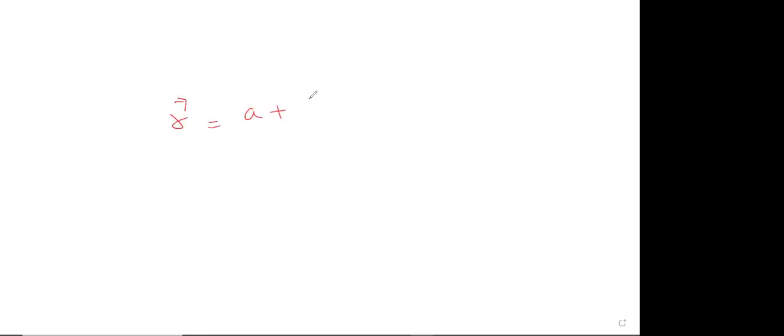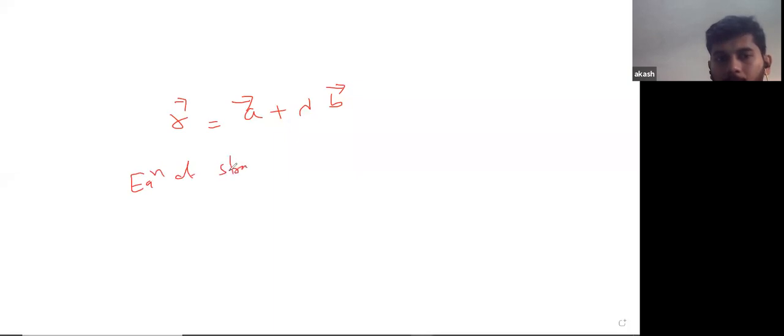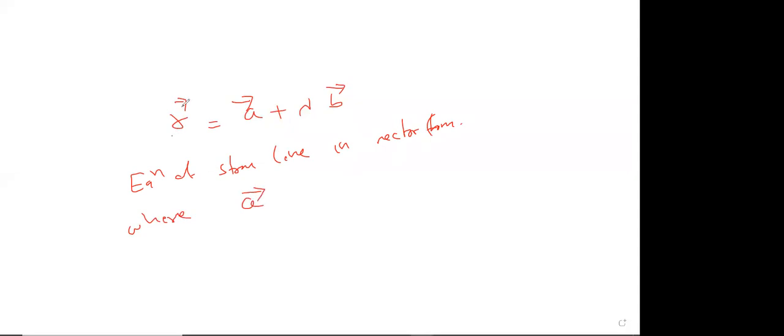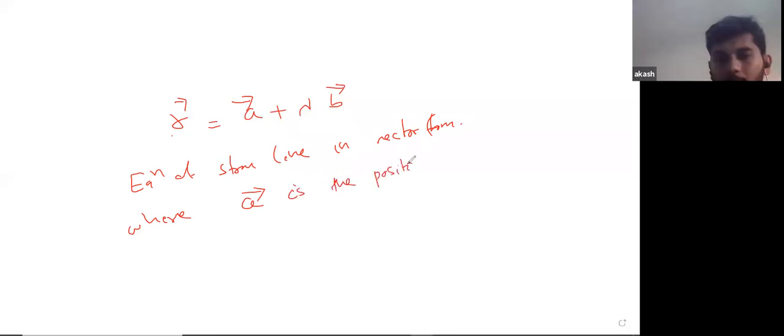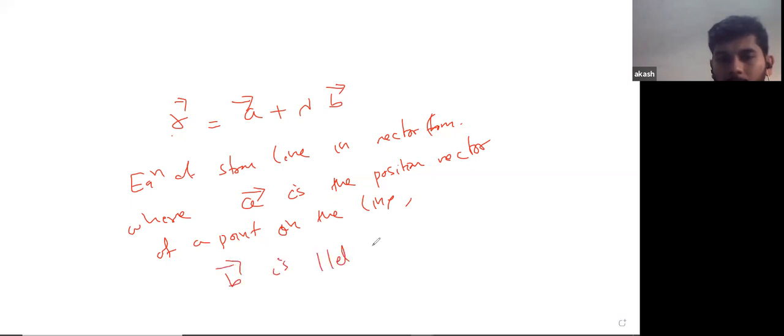This is the R vector, where A is the position vector of a point on the line.